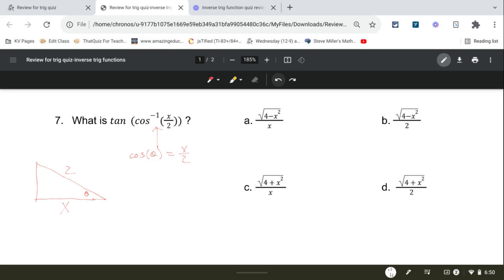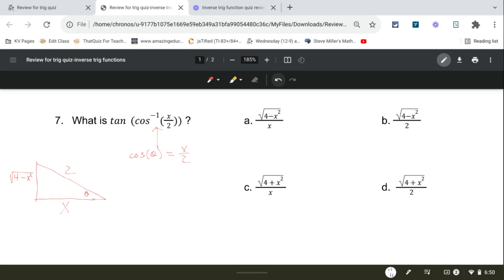It's going to be the square root of 2 squared minus x squared. You would do the 2 squared and the x squared, move one leg over to the other side, and then take the square root. So this is what you get if you applied the Pythagorean theorem there.